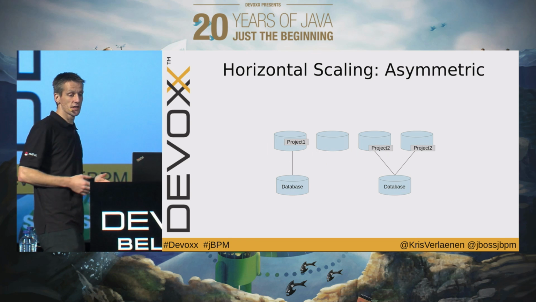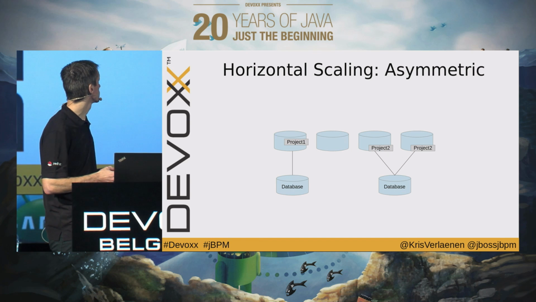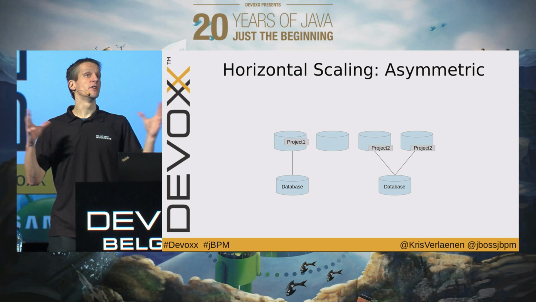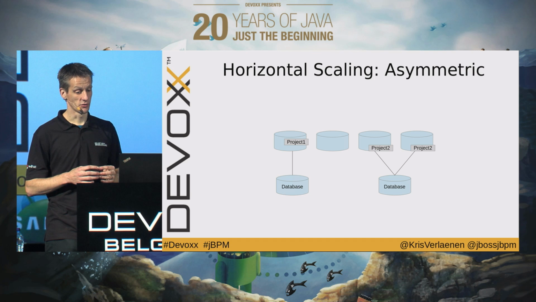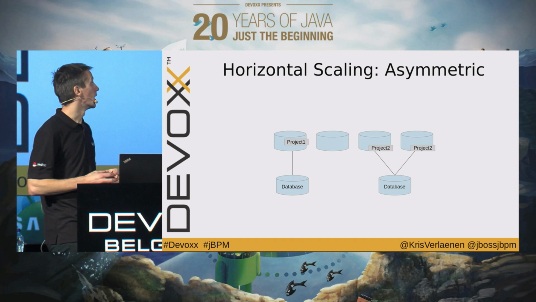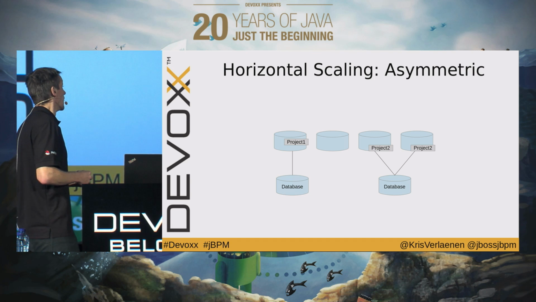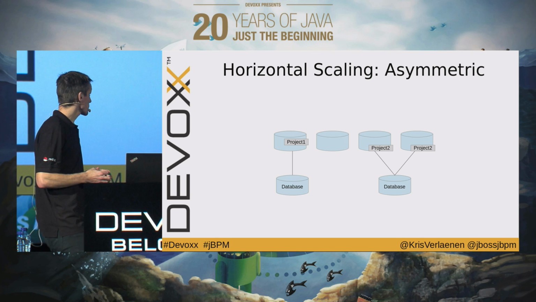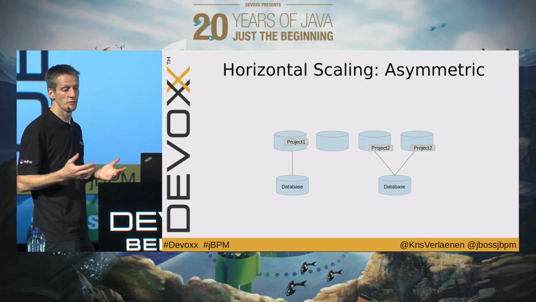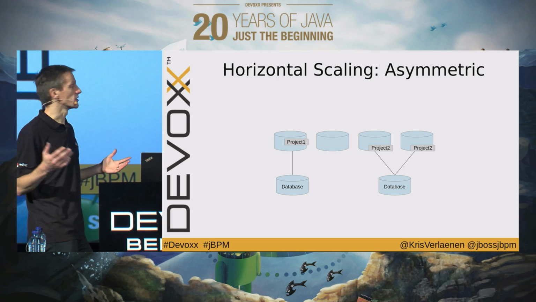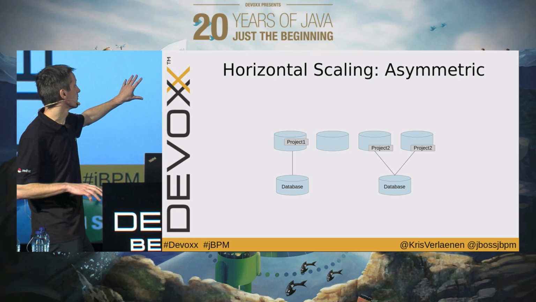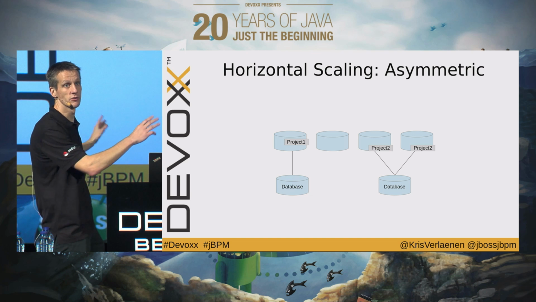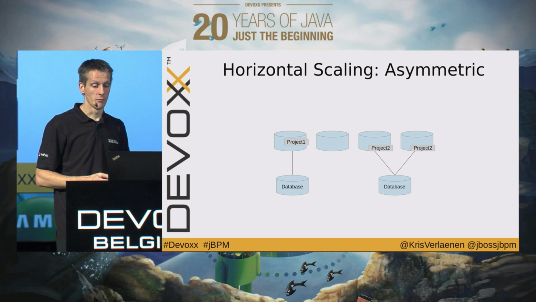A different architecture is what we call an asymmetric scaling. It's the same setup, but basically you deploy empty process execution servers, and you can control where you deploy your projects. This is something that, if you hear the term micro architectures and stuff like that, people are thinking about these deployments rather than a big server where all your processes run, which really doesn't fit with the micro architecture.